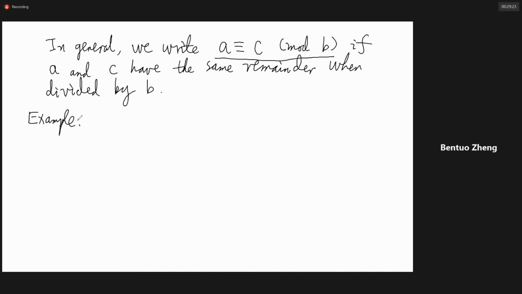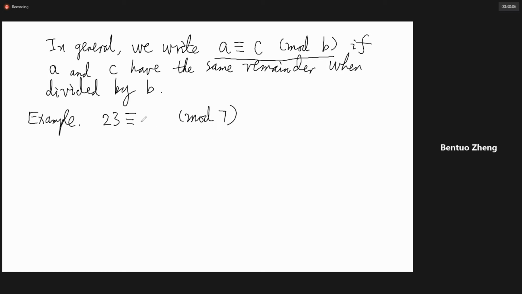Let's look at a few examples to compute this remainder. If you look at 23 mod 7, what is the remainder for 23 mod 7? You divide 23 by 7.